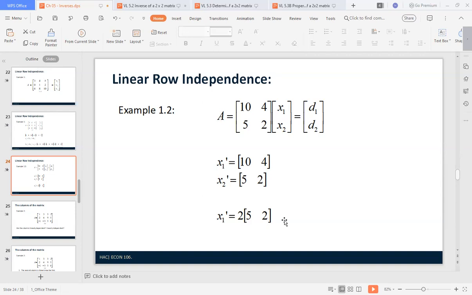By checking at this part of the process, before solving for x star here, you will need to check for linear dependence or independence first, so you would know: am I getting a solution? Am I not getting a solution? It would save your time and effort as well.